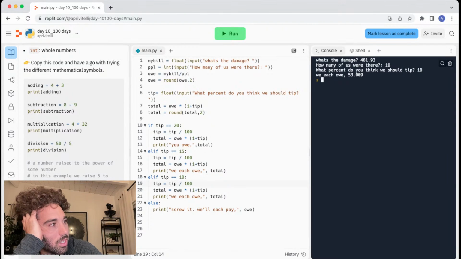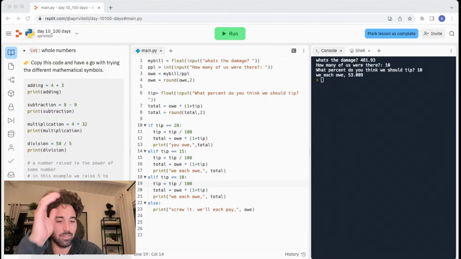This is bothering me. Why can't I figure this out? I don't like that it's doing that. 41.93 times 1.1 divided by 10.